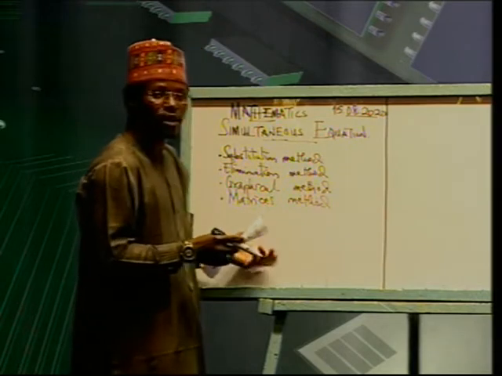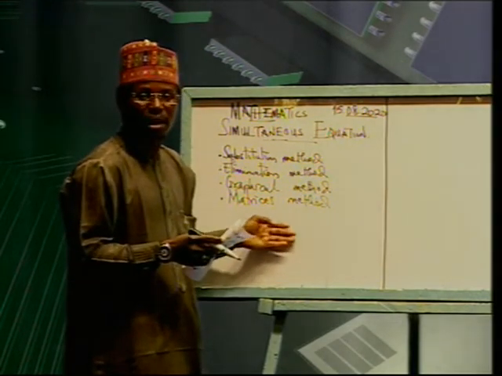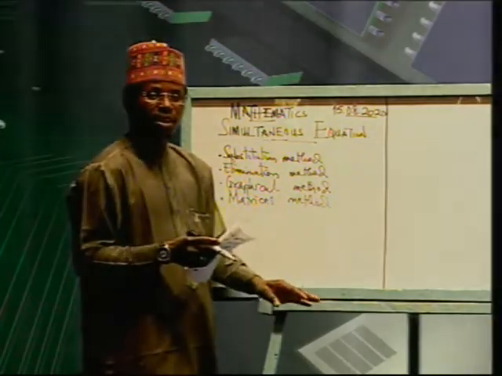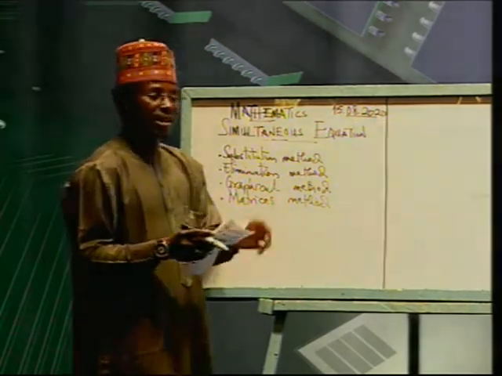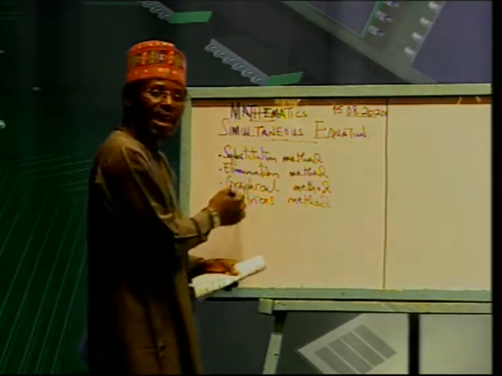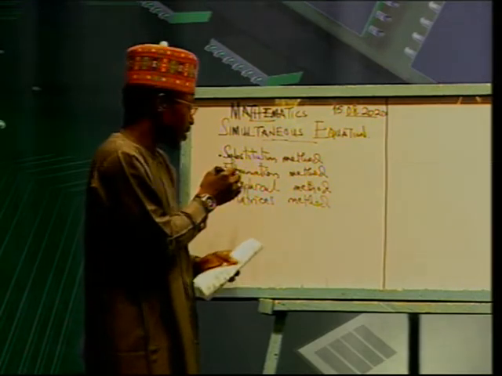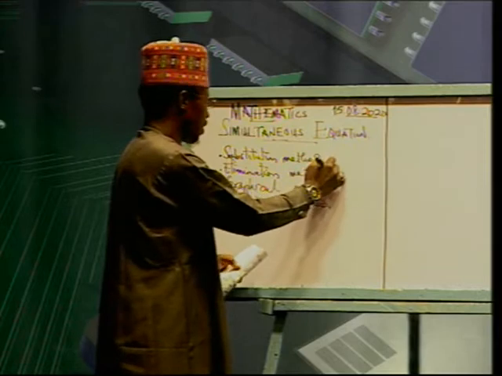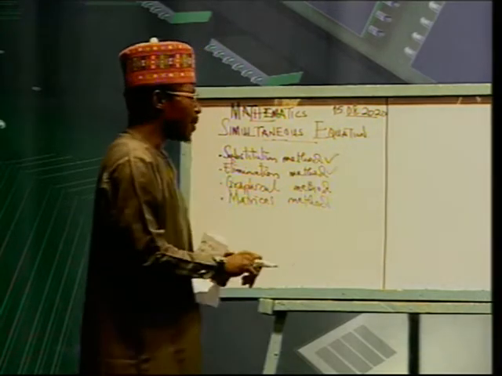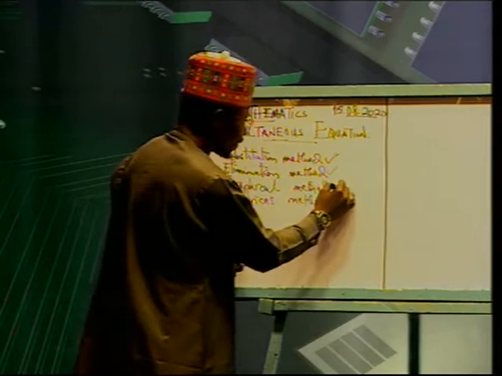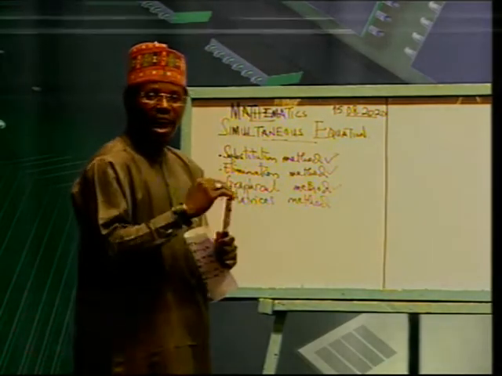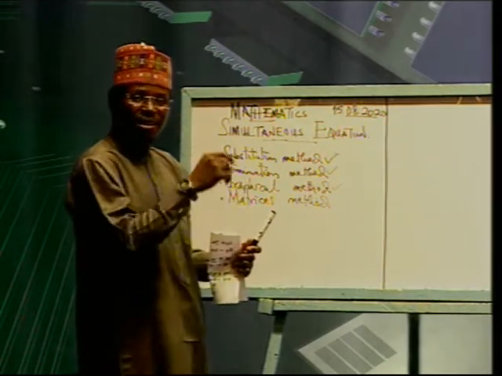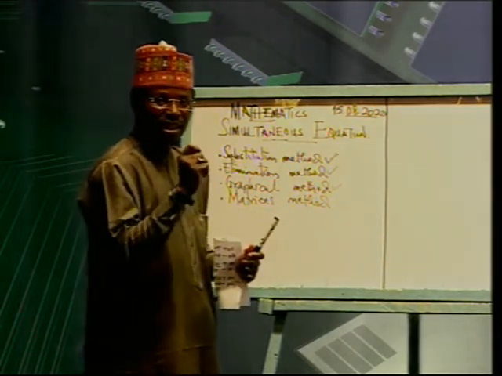In the matrices method, you have its own special way of solving, where you follow the normal procedure and get your answers. Of all these methods, the substitution method and elimination method are mostly used, and the graphical method is also mostly used at the ordinary level, while the matrices method is mostly used at the advanced level.